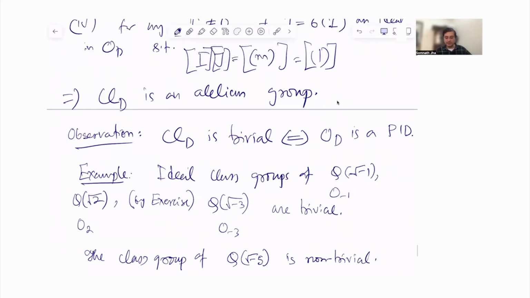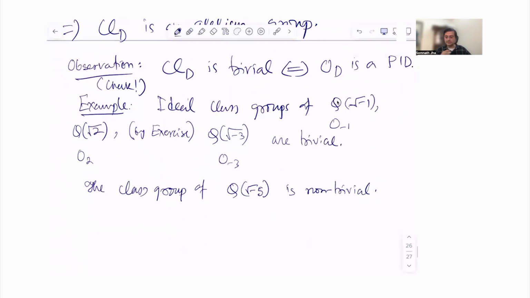So this statement requires a little bit of work. If this is a PID, you can clearly see it's trivial. And if this class group is trivial, it's not difficult to show that every ideal will be principal. So this statement you can check. So this is trivial.